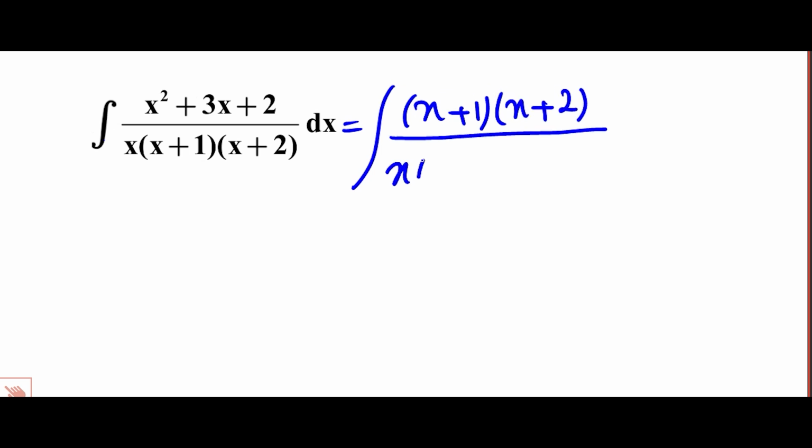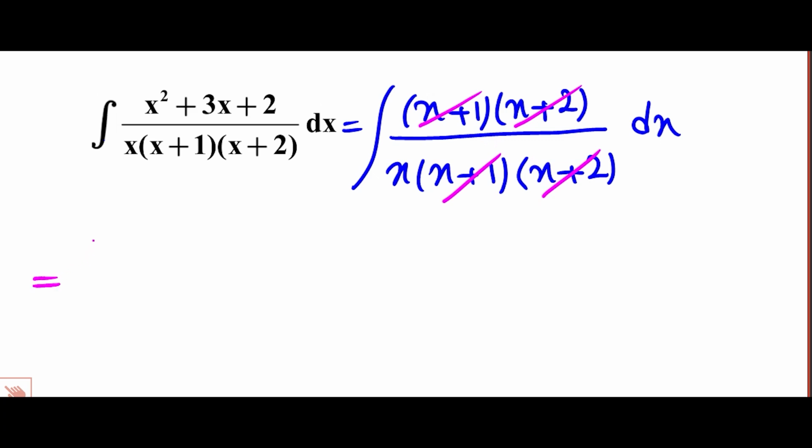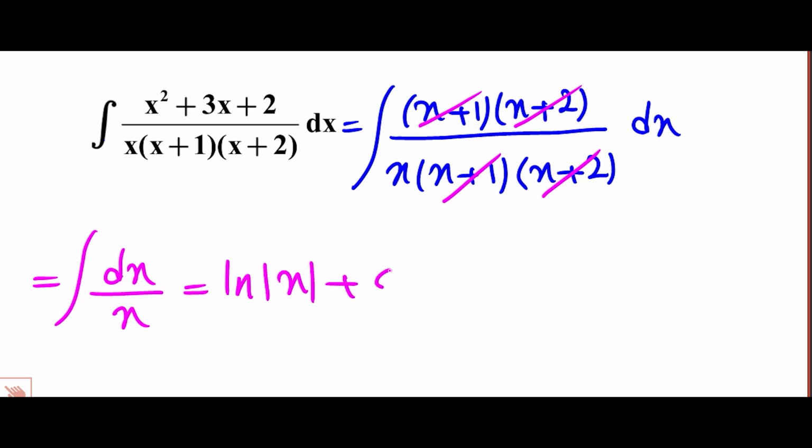Over x times x plus 1 times x plus 2 dx. So the x plus 1 and x plus 2 terms cancel out, and we have the integral of dx over x. So we have the integral of dx over x is ln of the absolute value of x plus c.